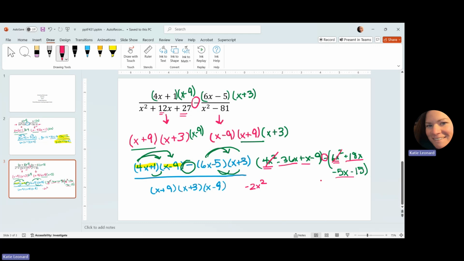So we have negative 36 plus 1. And then again, we need to make sure we are distributing that minus. So minus 18 and then minus a negative 5, or add 5, whichever one you're more comfortable doing. And that gets me a negative 48x.